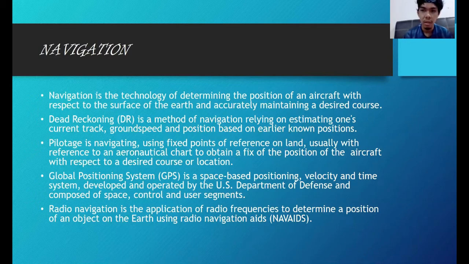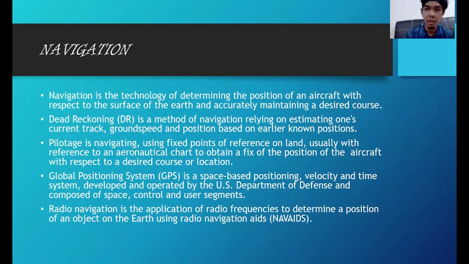So take the current position and the ground speed of the aircraft to predict the time to reach the next location. Even though this is a traditional way, it is still used now by pilots to determine the ETA, the expected time of arrival at a certain location.